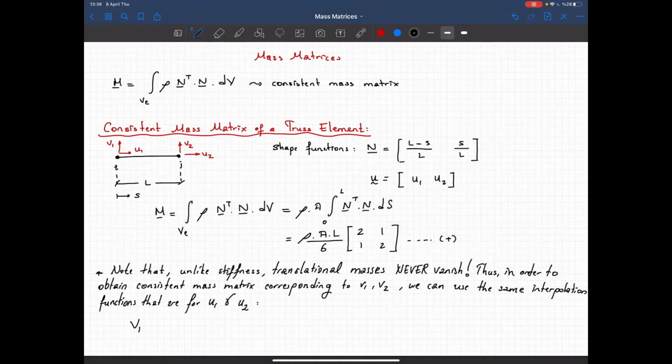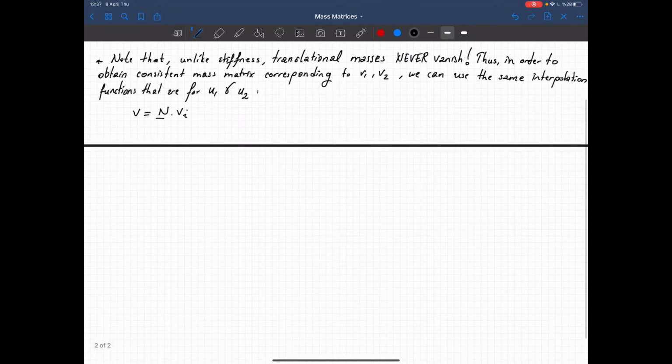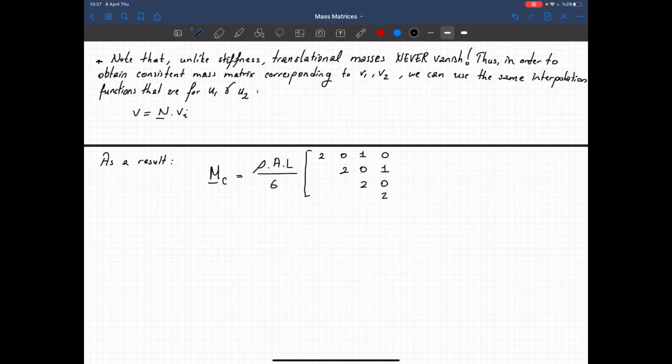We are saying that V is equal to N times Vi, and when we evaluate the mass matrix in the following form, we'll have M consistent equal to rho times A times L over 6 times the matrix [2 0 1 0; 0 2 0 1; 1 0 2 0; 0 1 0 2].